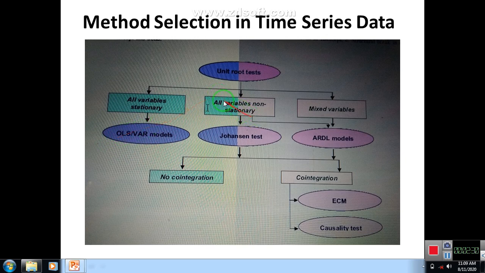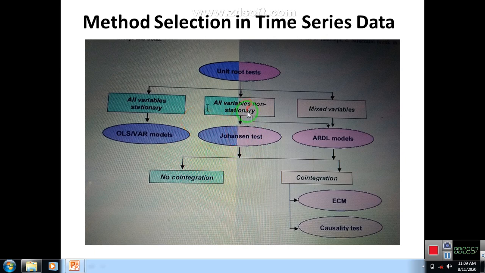If in this case we apply the OLS or VAR model, the results will be biased and unreliable. It will produce spurious regression. So we have to move towards the Johansen co-integration test.